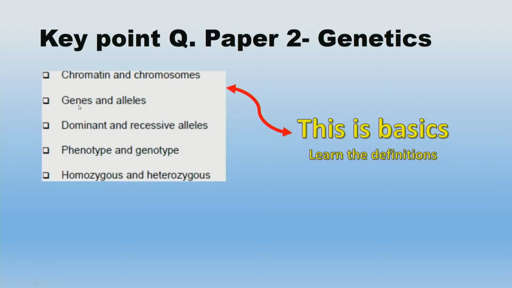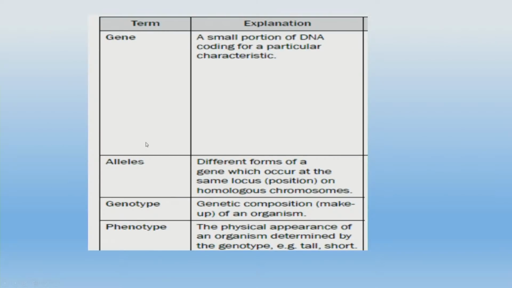If we don't know the difference between these definitions, then we won't be able to answer the question on genetics. So there's a lot of explanations and definitions, and maybe in textbooks there are a lot of definitions of this.